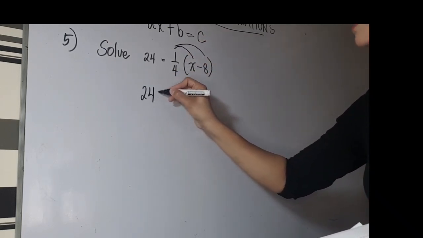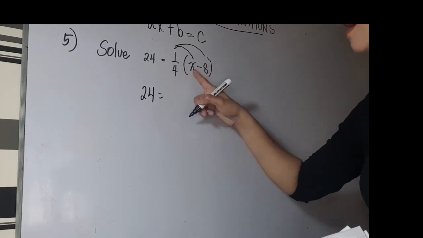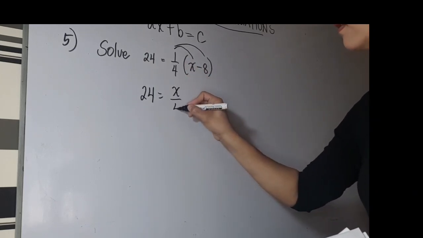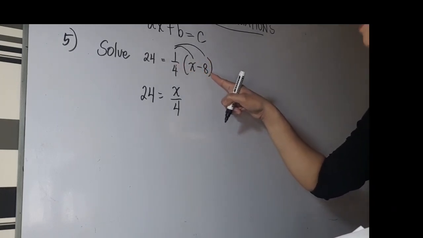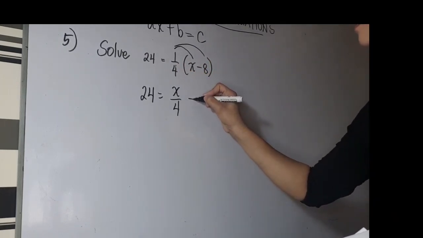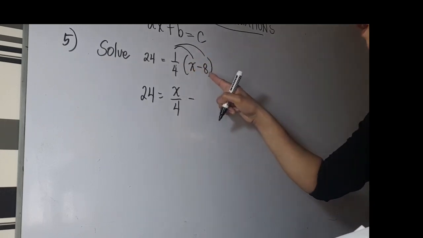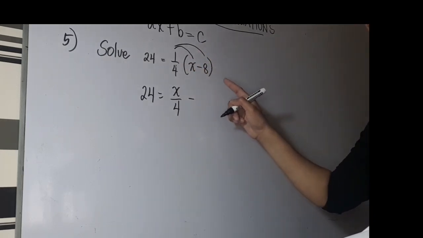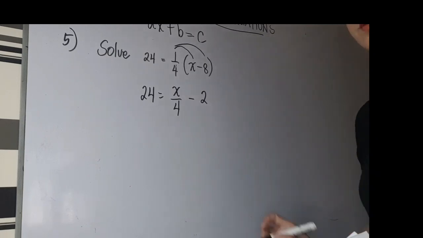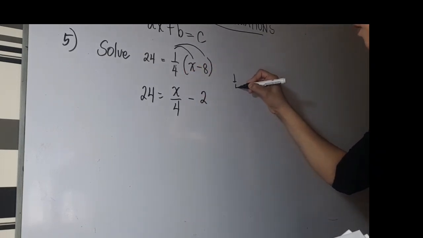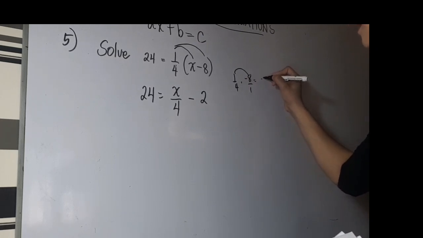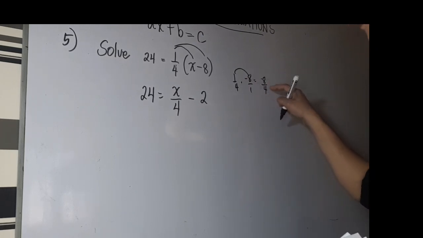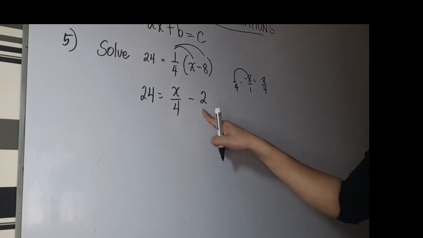So 24 is equal to 1/4 times x, which is x over 4. 1/4 times negative 8 is negative 8 over 4, or negative 2.